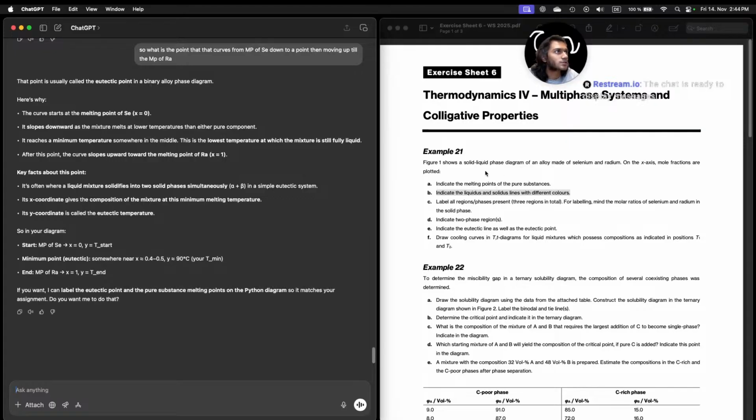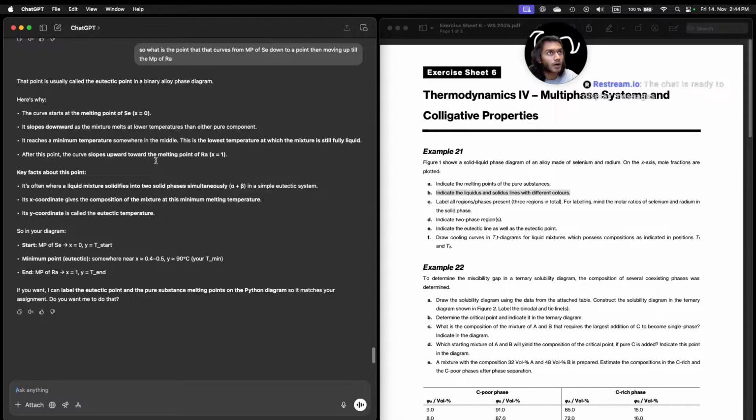Solid liquid phase. Solid liquid is binary, yeah. The curve starts at the melting point and slopes downwards as the mixture melts at lower temperature than either pure component. It reaches a minimum temperature somewhere in the middle. This is the lowest temperature at which the mixture is still fully liquid.